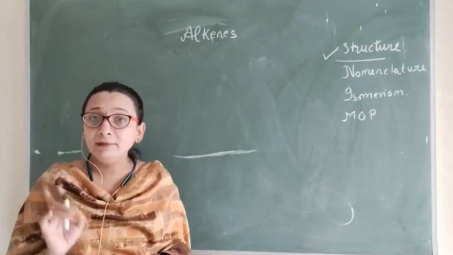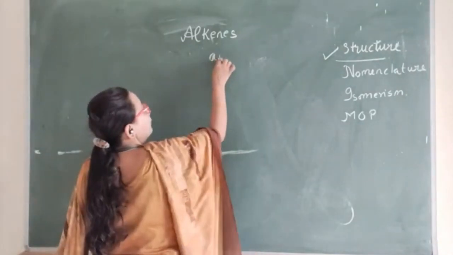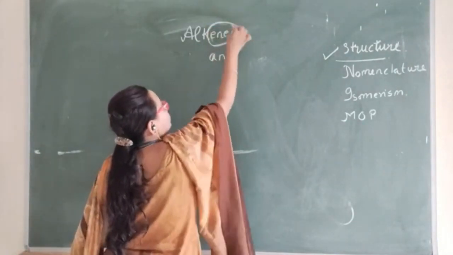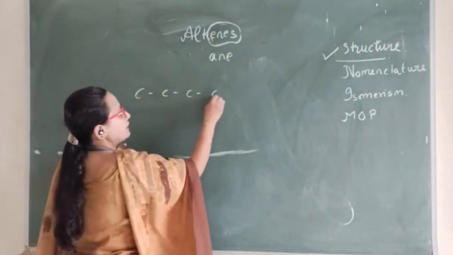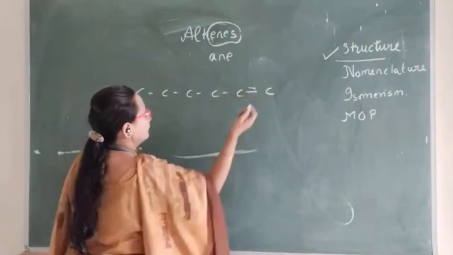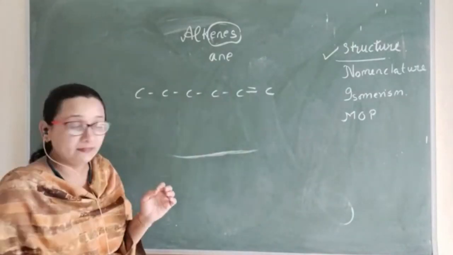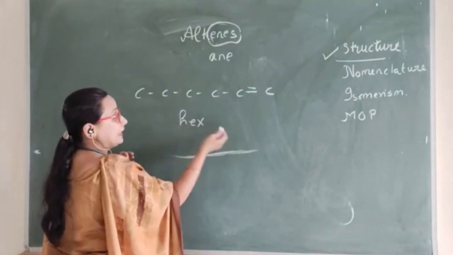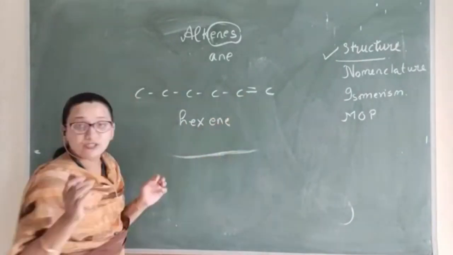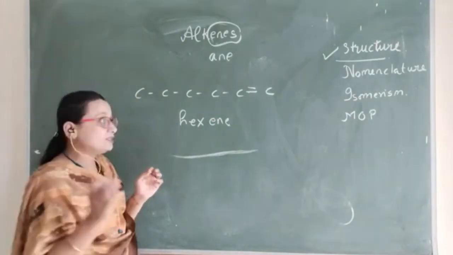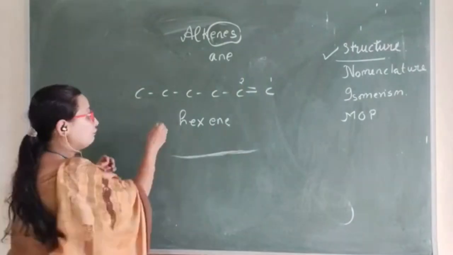They are named after the parent alkane, but instead of "ane" you write "ene" to show that there is a double bond. Suppose there is a long chain of six carbons with a double bond. You name it hexene, and the numbering is done such that the double bond gets the lowest number. Suppose the double bond is between 1 and 2. So you name it 1-hexene.